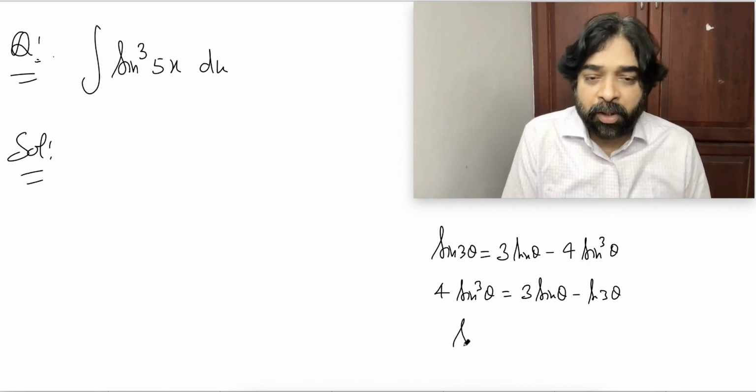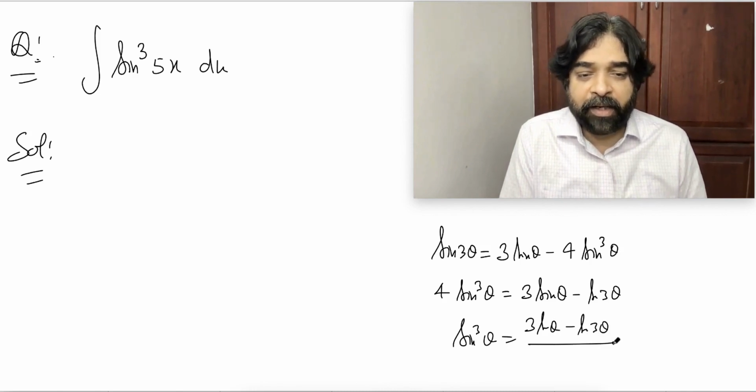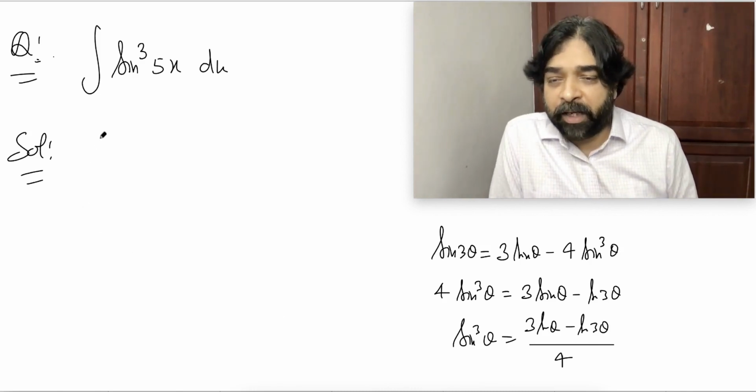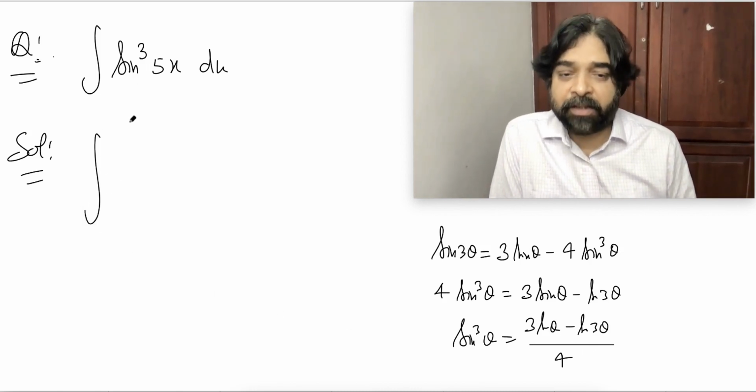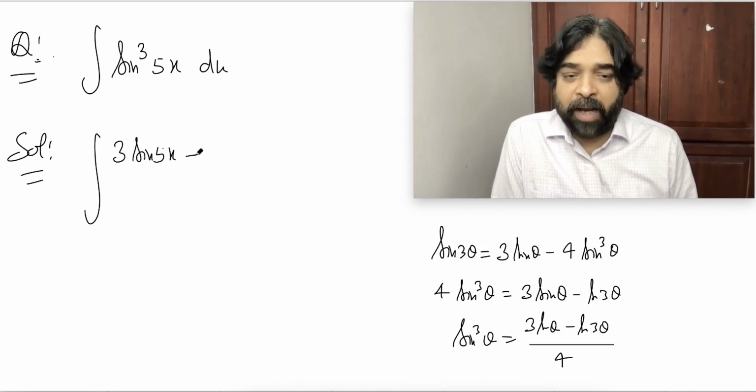Yes or no? So sin cube theta will be equal to 3 sin theta minus sin 3 theta divided by 4. So we can write it with theta as 5x: 3 sin 5x minus sin 3 times 5x, that is 15x, divided by 4.